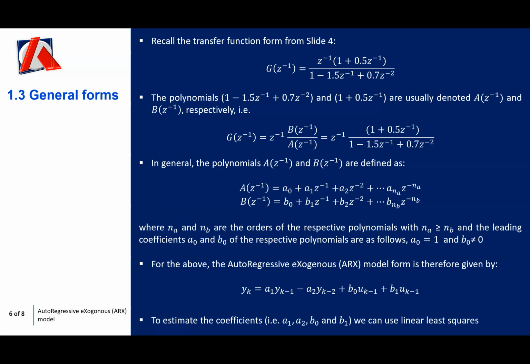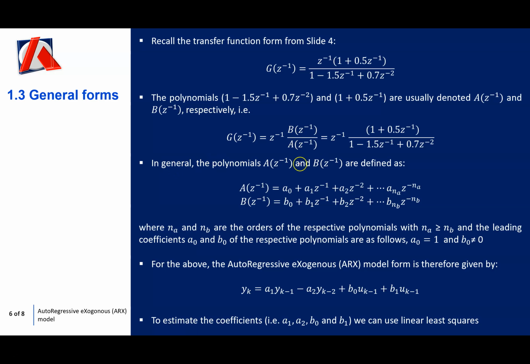So in terms of the transfer function, that's the transfer function we were working with. The notation we normally use is to denote the numerator by b, so b of z minus 1, and the denominator a of z minus 1. Here you'll see that z minus 1 outside there. But that's normally the notation, b over a.